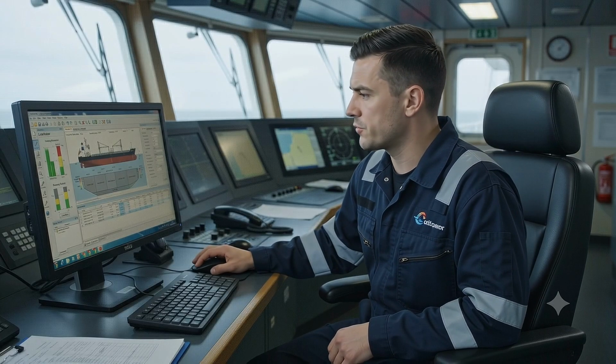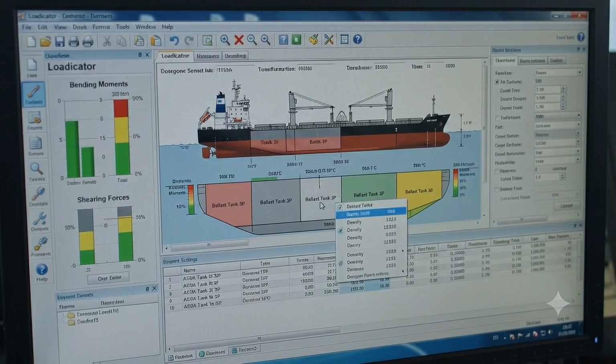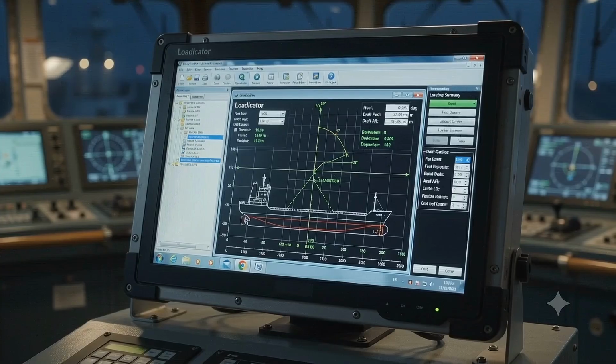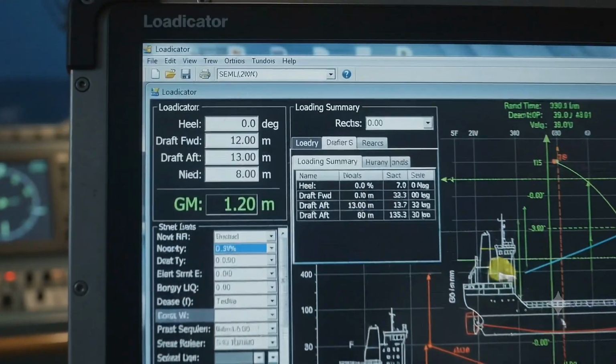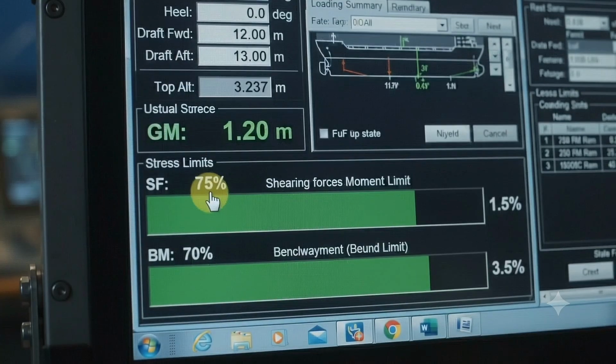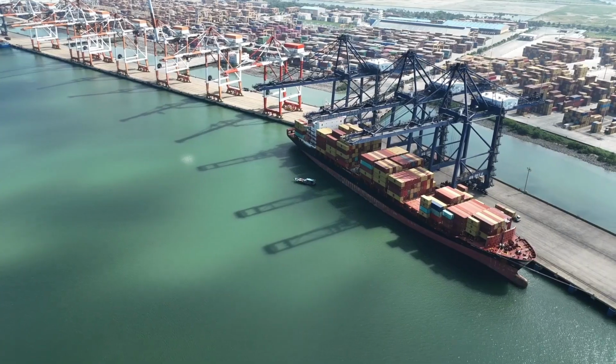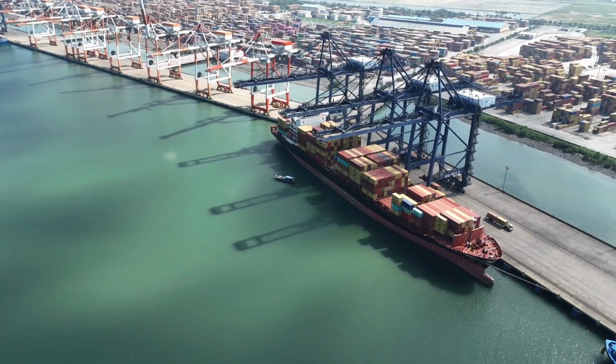Onboard loading computers, commonly called loadicators, are used by ship's officers to calculate and monitor stability, drafts, trim, list, GM, and hull strength limits. They help officers plan and verify loading safely, although the final responsibility remains with the ship's officers.